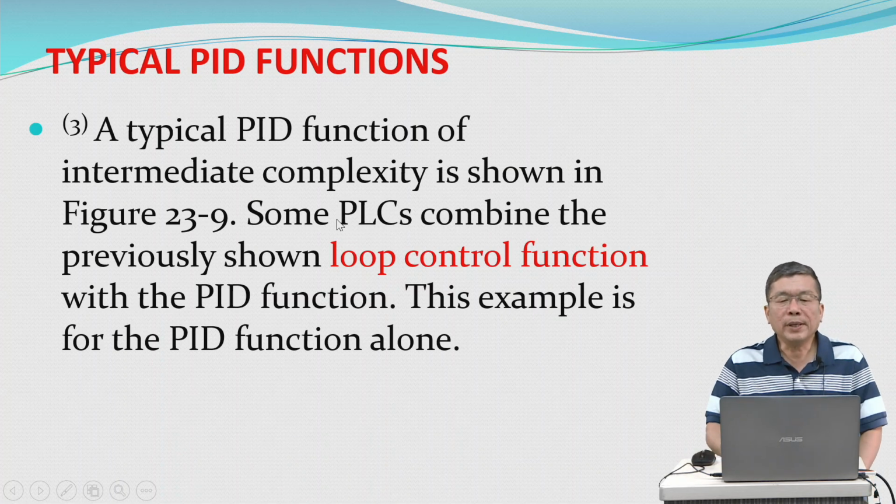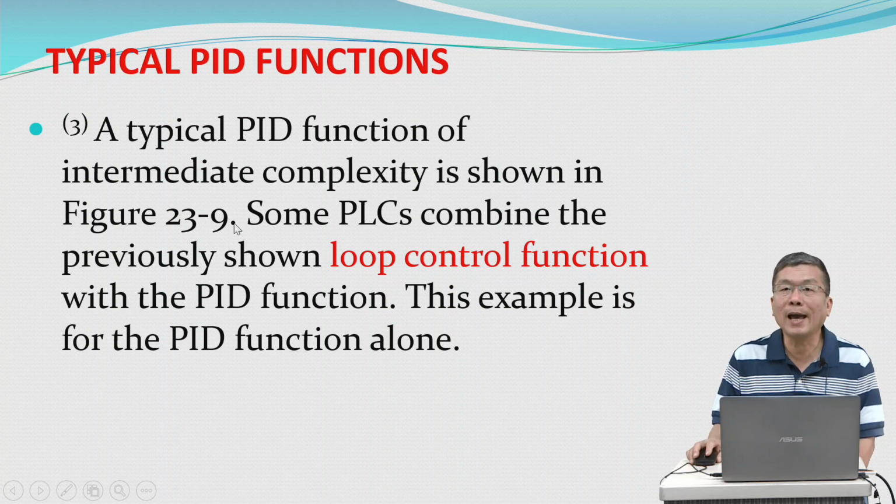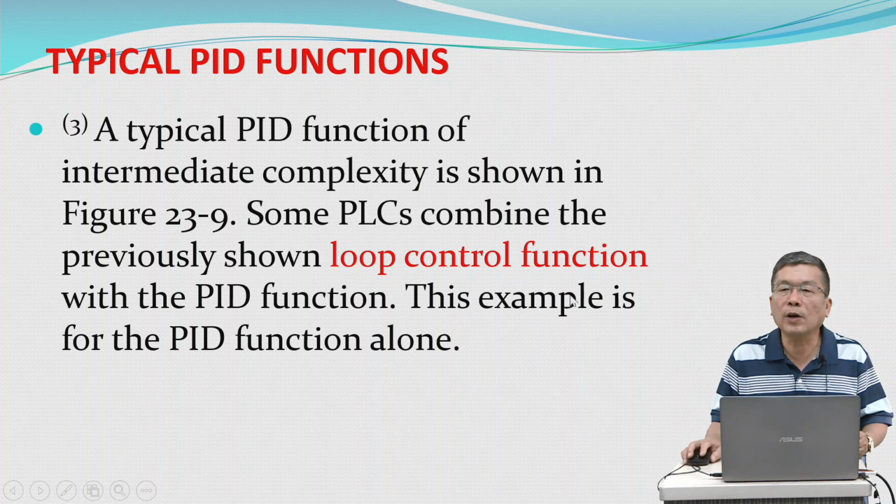A typical PID function of intermediate complexity is shown in figure 23.9. Some PLCs combine the previously shown loop control functions with the PID function. This example is for the PID function alone.